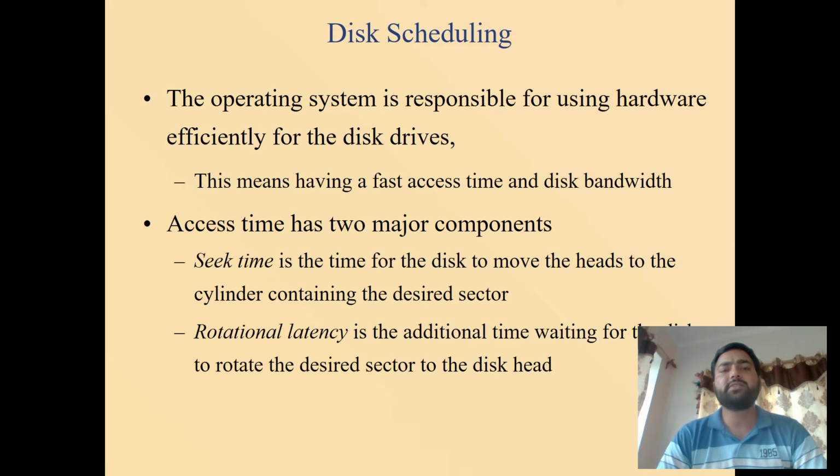In this scheduling, the operating system is basically responsible for using the hardware efficiently for disk drives, because it is seeking for a particular input output operation. So for that, it determines having a fast access time and disk bandwidth.